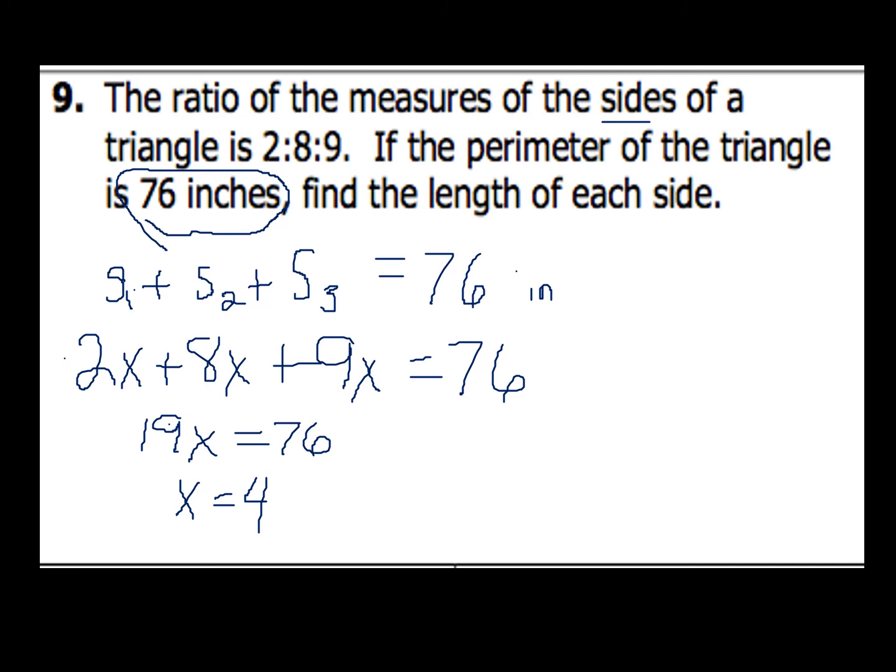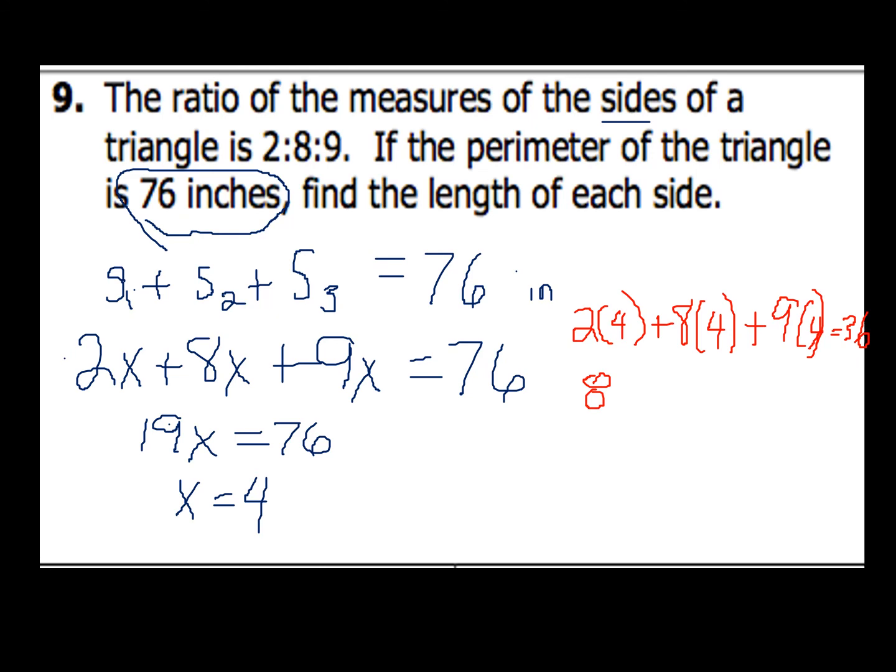So that is going to be 2 times 4. And the next one is going to be 8 times 4. And the next one is 9 times 4. And it should come out to 36. So this is 8. No, it should come out to 76.